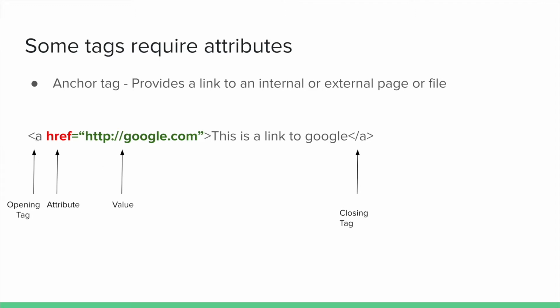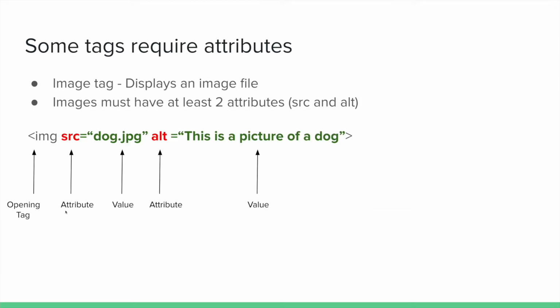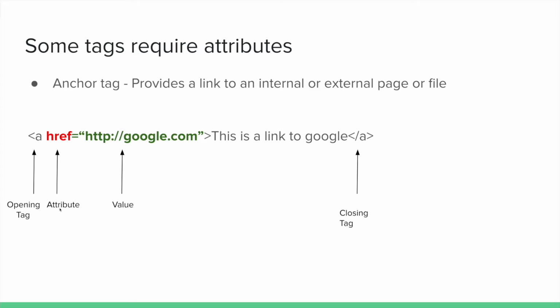Okay, so opening tag A, our attribute is href, and our value here is google.com. And then we close our tag. Okay, a couple things to note. In our value, we wrap our value in quotation marks. So that's an important thing to know. So you'll notice our opening tag now is really long.